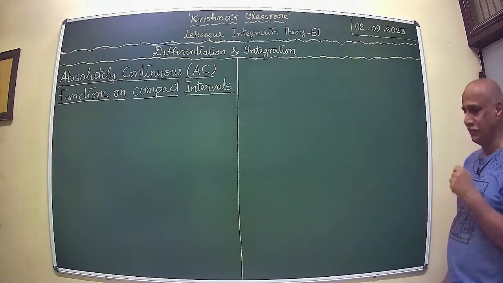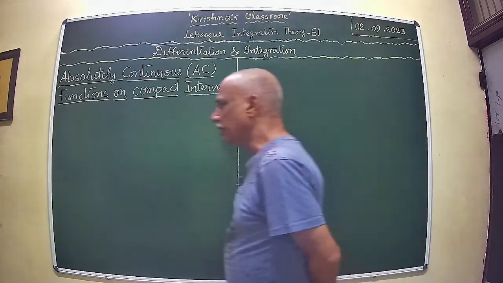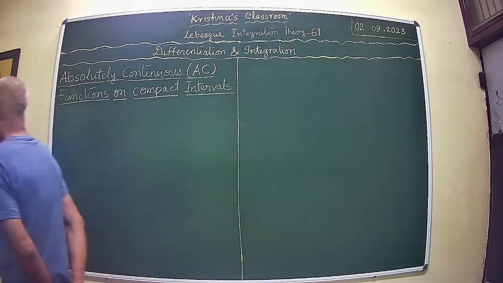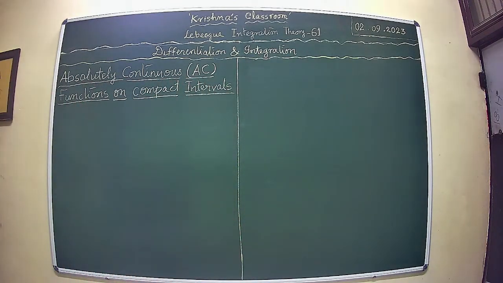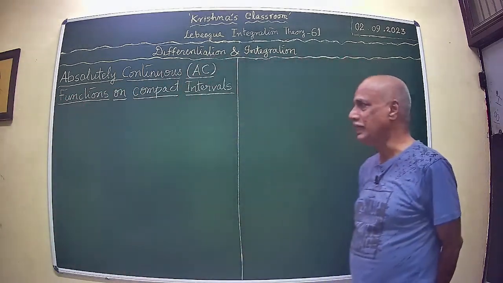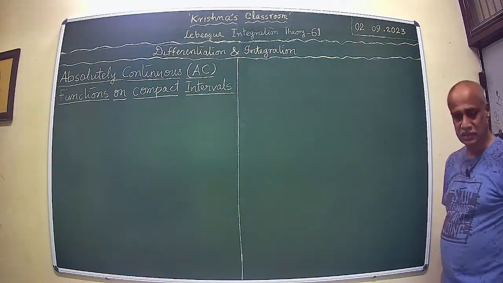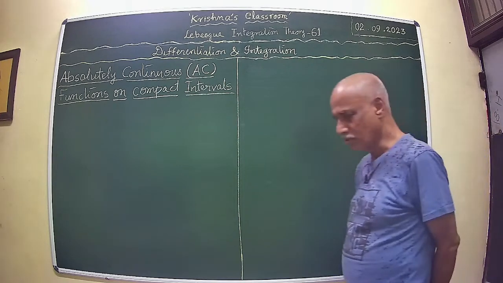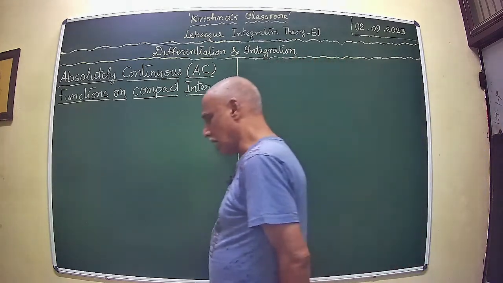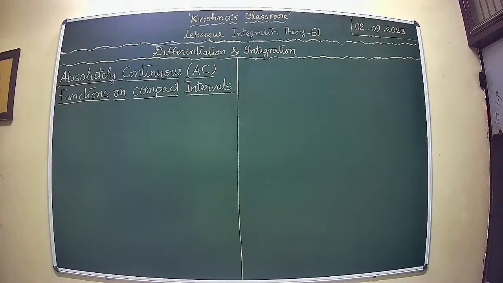It's not that they are differentiable everywhere, but they are differentiable almost everywhere. Now, since differentiation is a linear operation, it immediately follows that all functions of bounded variation on compact intervals are differentiable almost everywhere. Now this is what we proved.